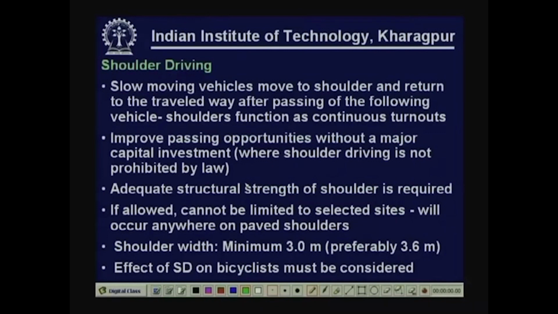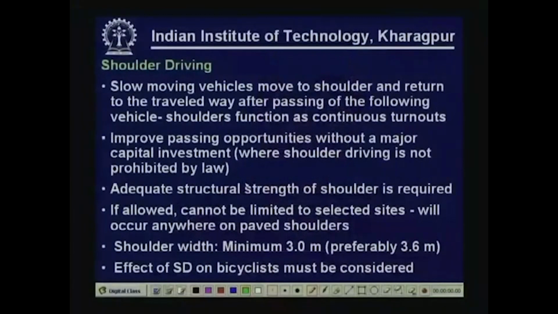This improves passing opportunities without major capital investment cost, but please remember that in many states shoulder driving is not permitted by law. So, this kind of opportunity can be taken only where shoulder driving is not prohibited by law.